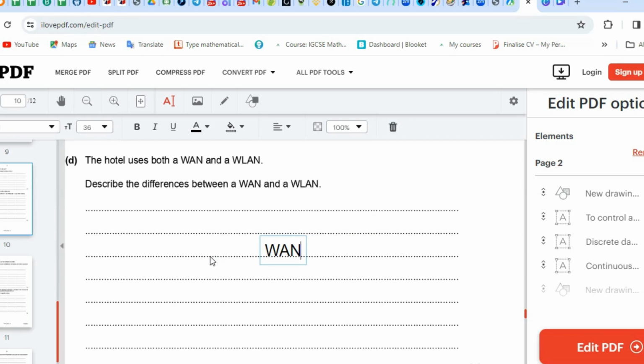Or should we itemize it one after the other? Write WAN, WLAN, then we write under them what they do. Okay, you can also do it like that instead of the comparison I've been doing. All right, let's try that. WAN.